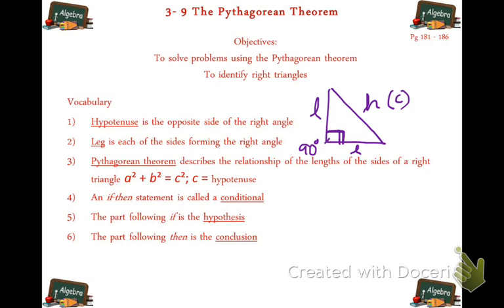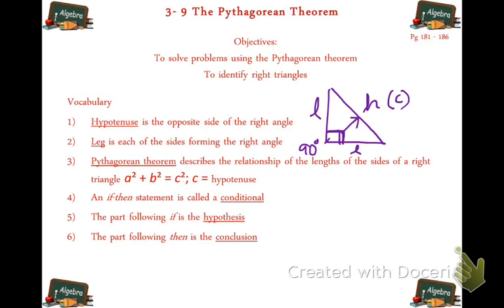The two sides that are attached by a 90-degree angle are called the legs. And what's opposite the 90-degree angle, the side opposite the right angle, is called the hypotenuse. I'll show you in a second what that C stands for.